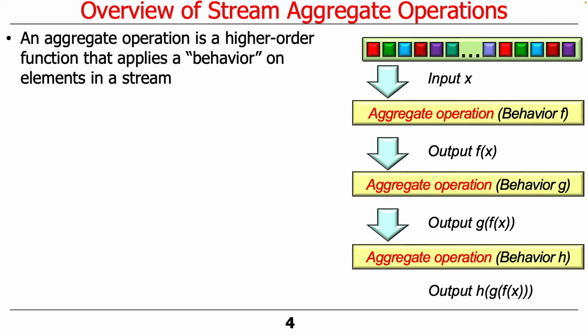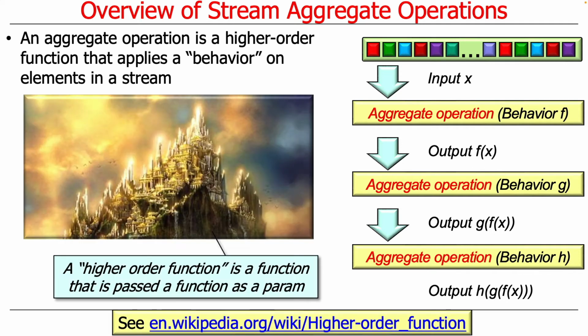An aggregate operation is a so-called higher order function that applies a behavior on elements in a stream. And remember, a higher order function is just a highfalutin way of talking about a function that is either passed a function as a parameter, or which could return a function. In this case, we're passing a function of some kind as a parameter to each of these aggregate operations.